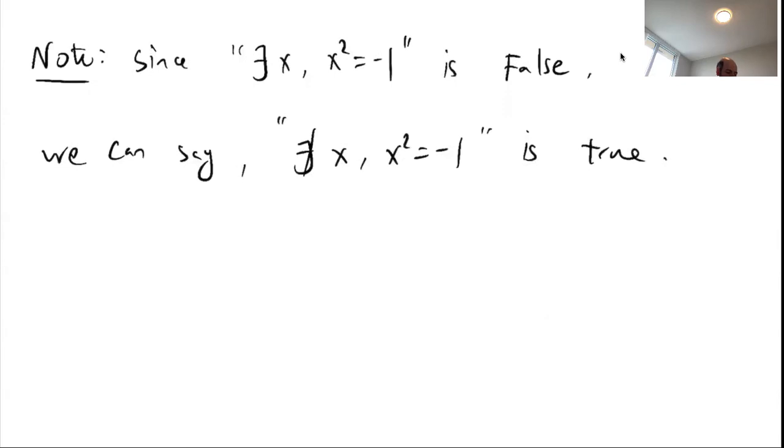Okay, and another quantifier is called the uniqueness quantifier.